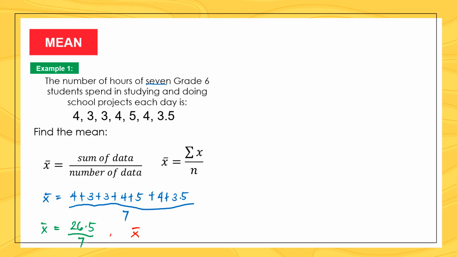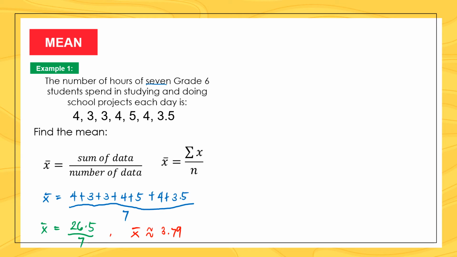So again, the mean, or the average number of hours spent by the 7 grade 6 students in studying and doing school projects, is 3.79 hours.